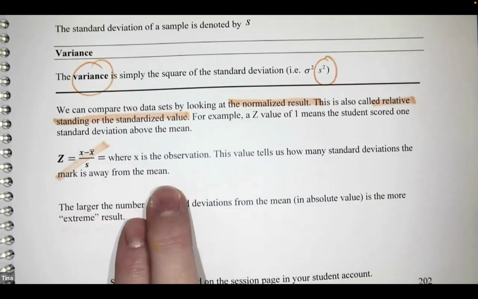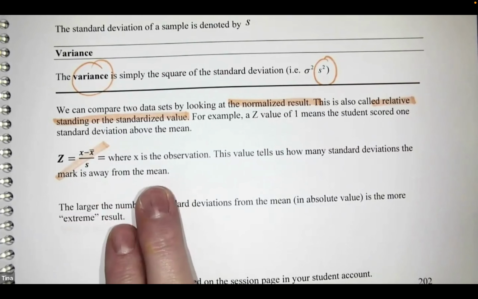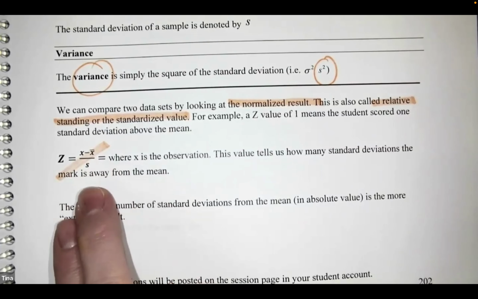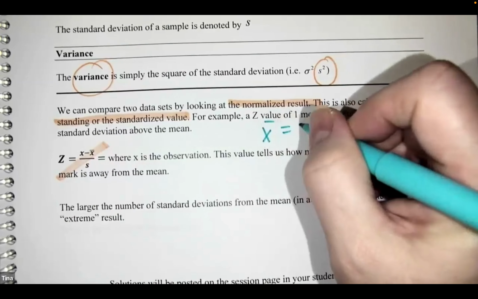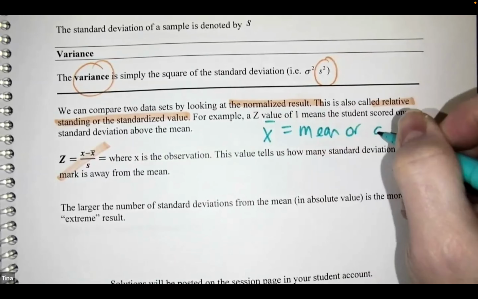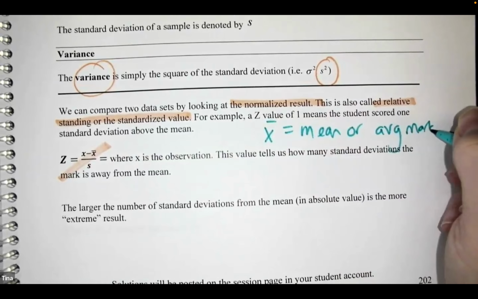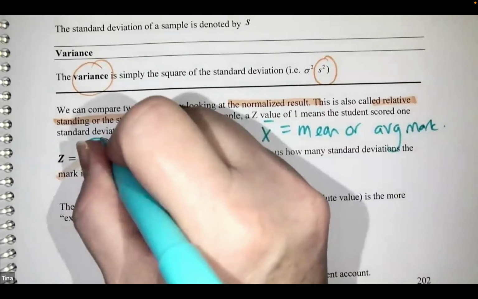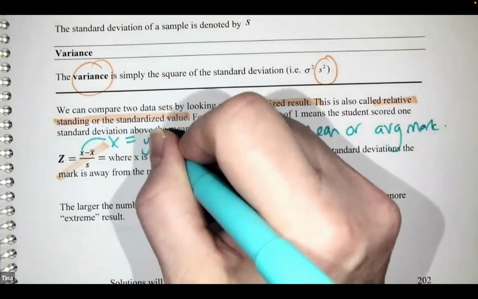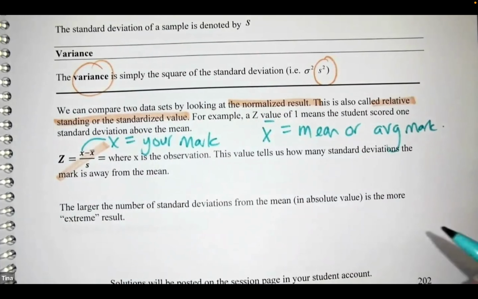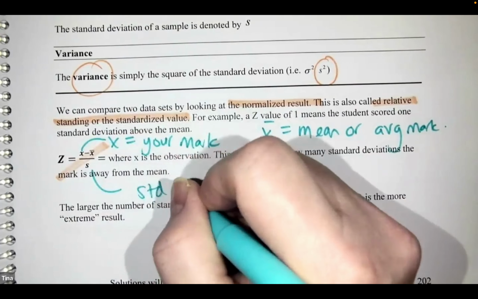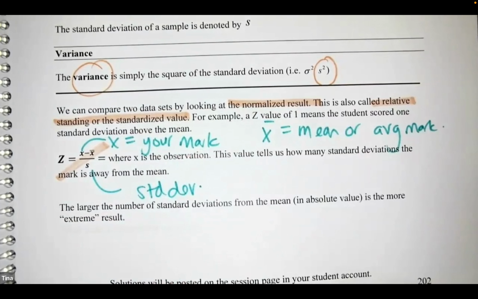So X is your observation, let's say your mark. Then minus X bar, the mean, or the average mark, let's say on a test. And S is the standard deviation of that sample.